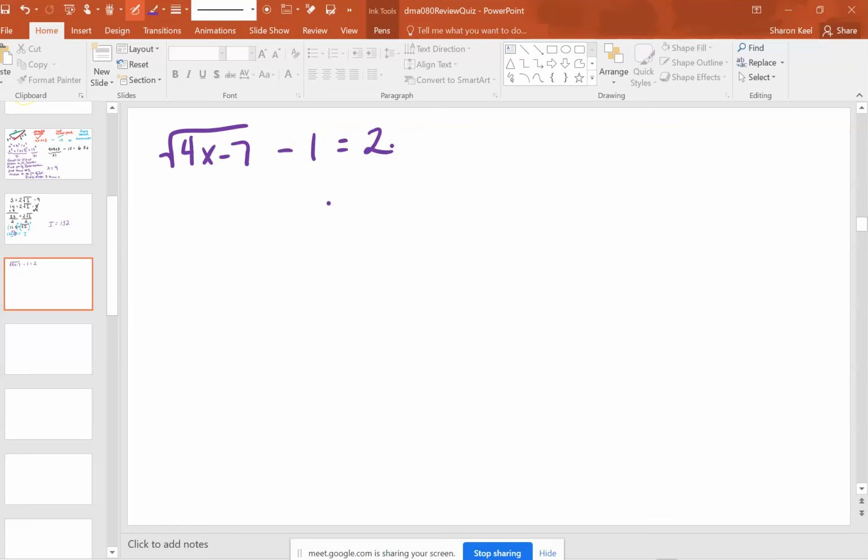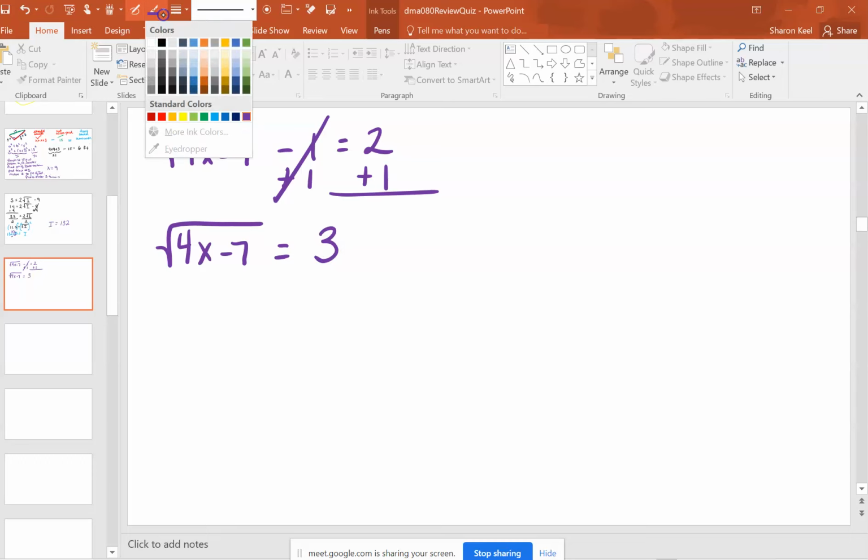Okay, so this is similar to the first question that we did. If we're solving for x, we're going to need to get rid of this radical. But before I can do anything, I need to take the 1 and move it to the other side of the equation. So we have the square root of 4x minus 7 equals 2 plus 1 gives us 3.